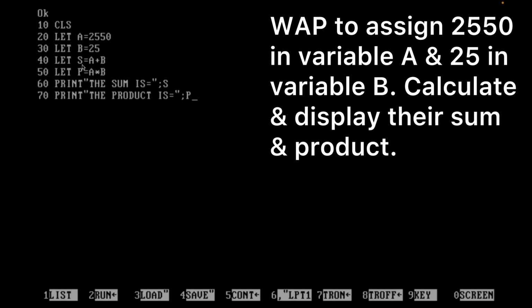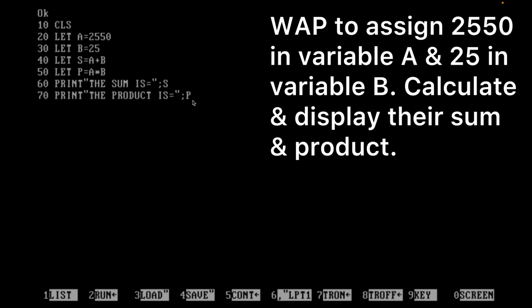So what will the computer do? The computer will take the value of A, take the value of B, add them and store them in S, and it will display on the screen the value of S. Same way, we are asking the computer to print the product. So the computer will multiply and store the value of this product in P and display it over here.